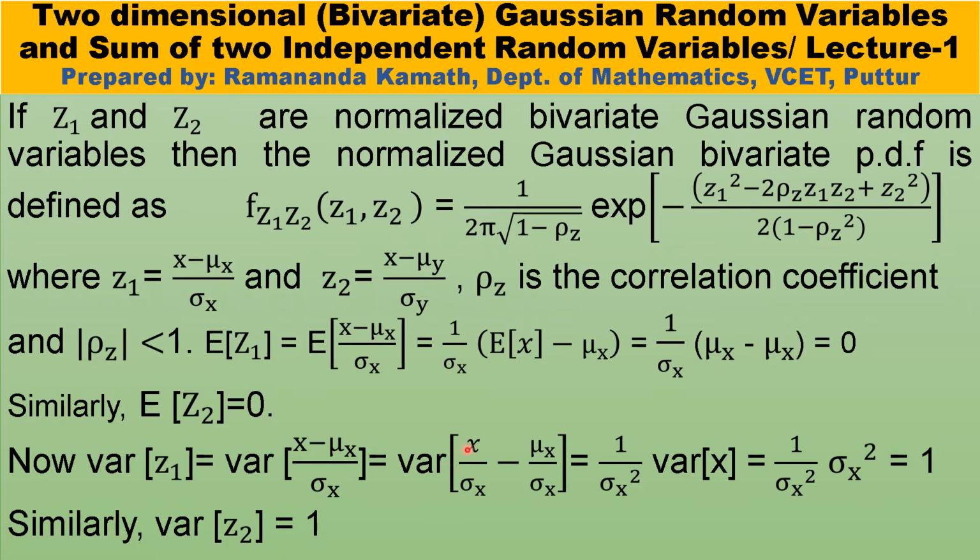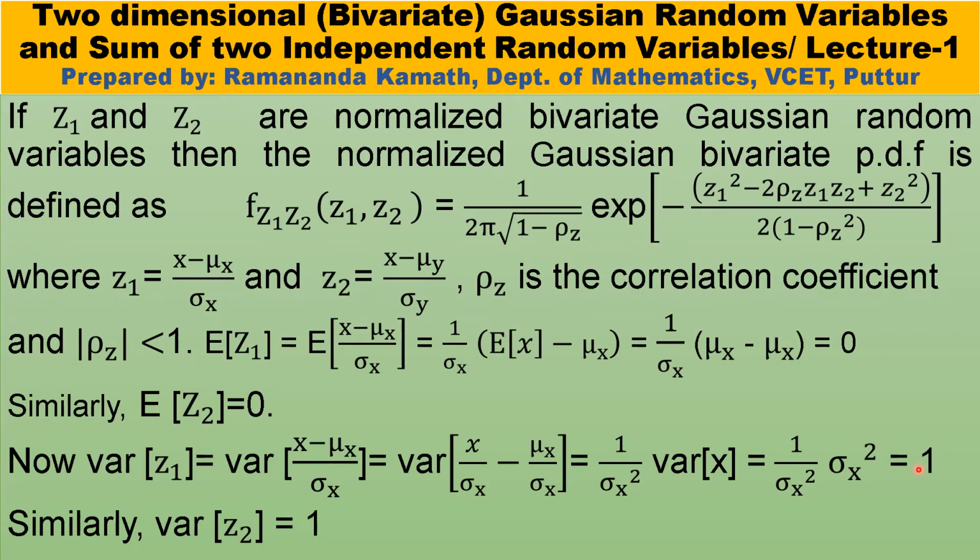So here the variance of 1 by sigma_x into x minus mu_x by sigma_x will be 1 by sigma_x square into variance of x, since mu_x by sigma_x is a constant that is ignored. Variance of x is denoted as sigma_x square. So 1 by sigma_x square into sigma_x square is 1.